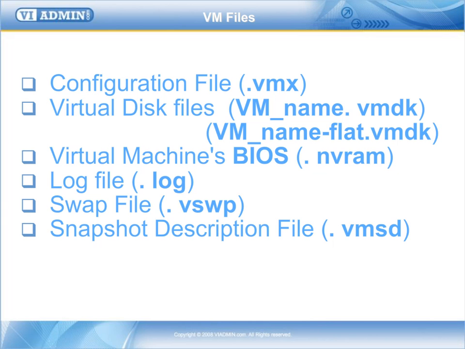Every virtual machine has a configuration file, .vmx, one or more virtual disk files, .vmdk, a file containing the virtual machine's BIOS, .nvram, a log file, .log, a swap file, .vswp, a snapshot description file, .vmsd. A virtual machine may have additional files if one or more snapshots have been taken or if raw disk mappings have been added. These are discussed further in the next movies.